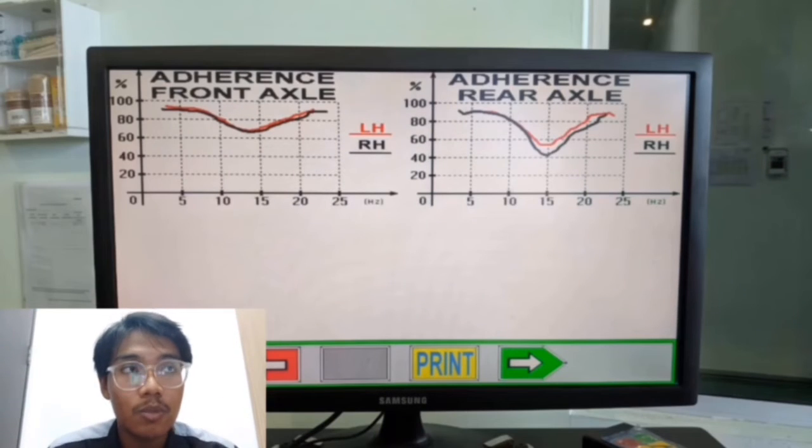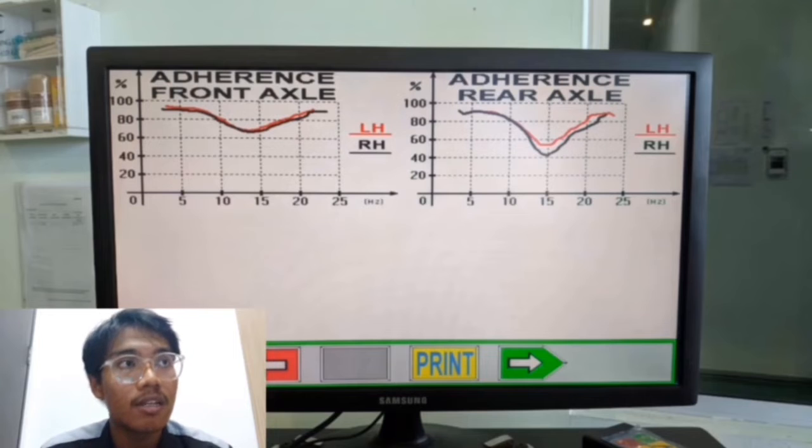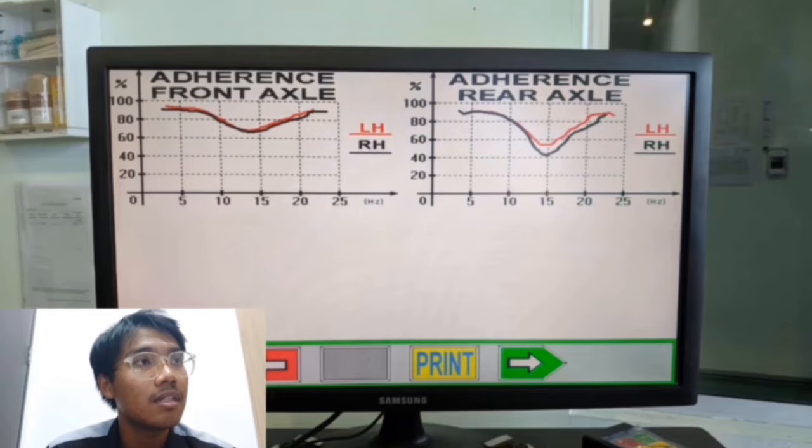So lastly, we will be looking at the adherence. The adherence of the front axle is almost identical left and right. So I can conclude that the adherence test for the front axle is in good condition, which is around 60 to 100%.